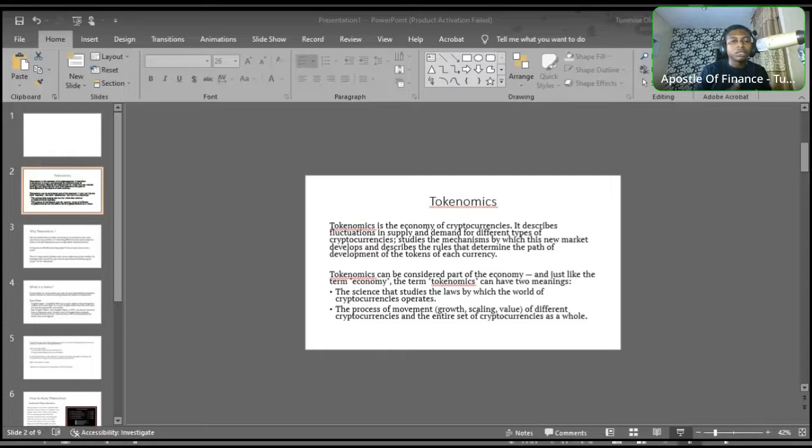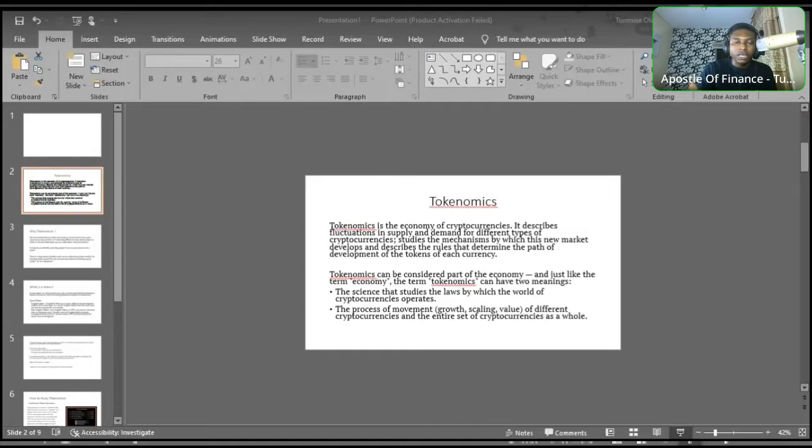Tokenomics can be considered as part of economics. Many of us who are economics students will understand that economics has two meanings, right? So tokenomics has two meanings. Number one, it is the science that studies the laws by which the world of cryptocurrency operates. Because if there are no tokens to actually trade, you won't be able to trade.